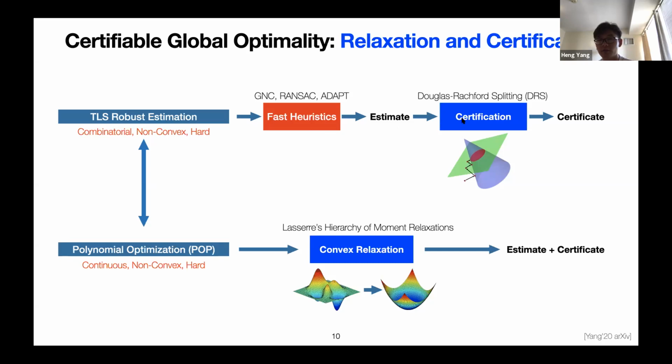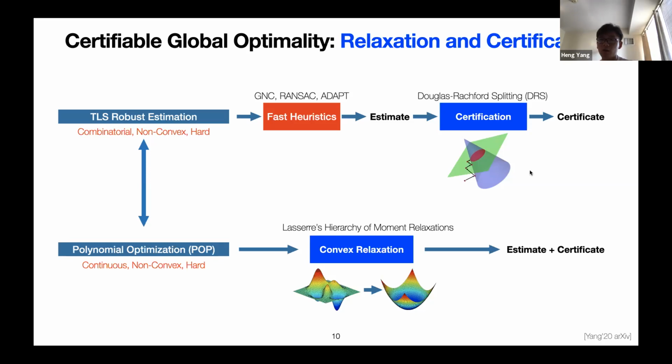But for the certification, we're going to use a different optimization technique called Douglas-Rachford splitting, which is different than directly solving an SDP. This DRS will offer some scalability benefits to our problems, which I will show in the next few slides.